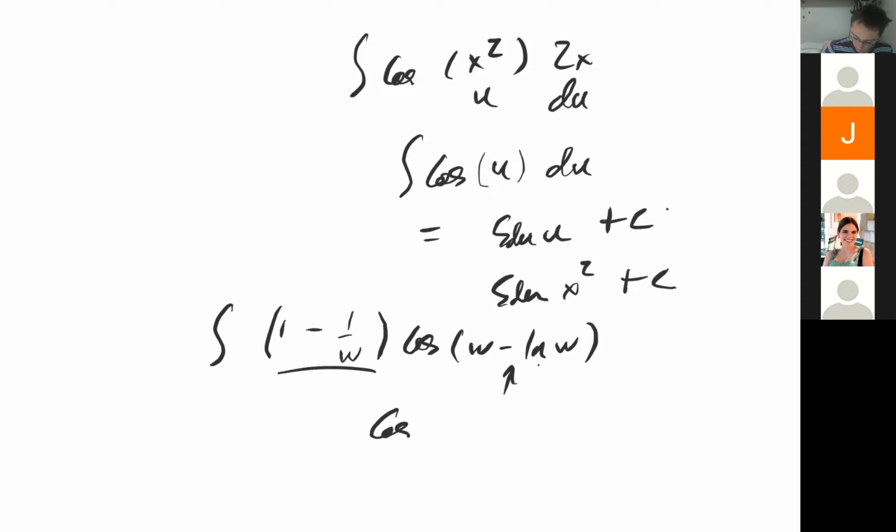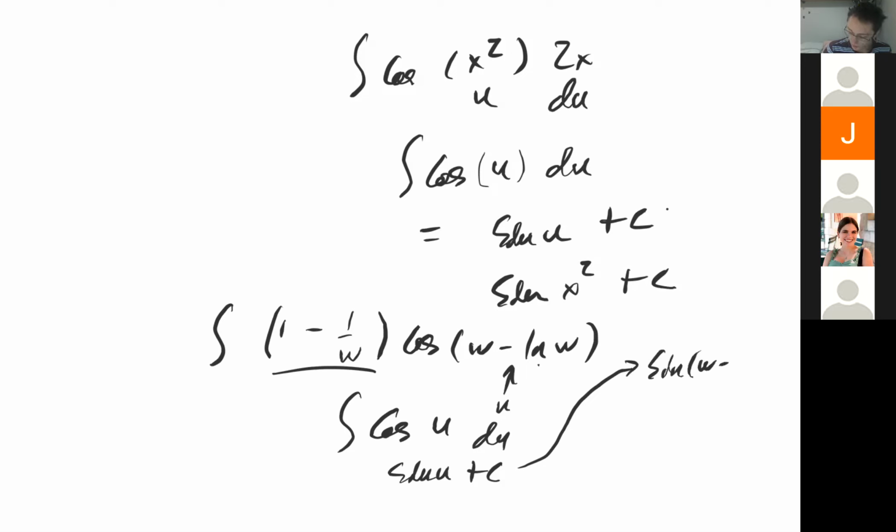So then we get another cosine u, where this is u, du, and this gives you sine of u plus c, and you plug back in what u is, and you get sine of w minus ln w plus c.